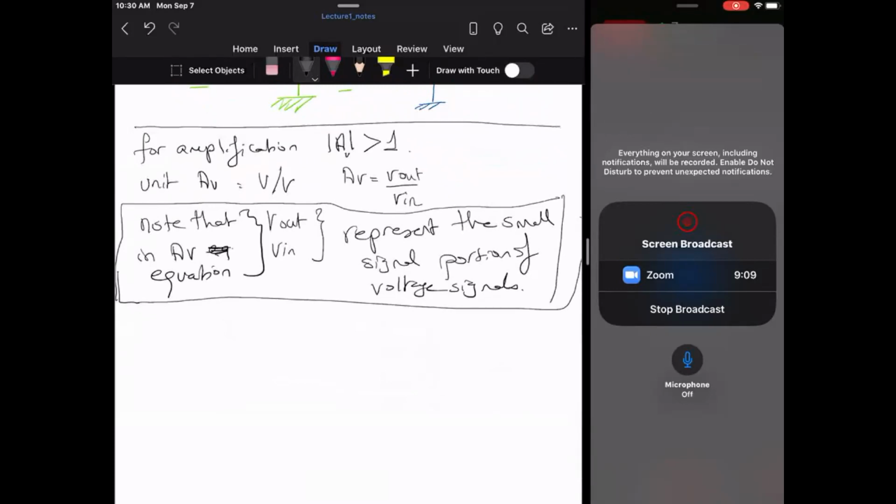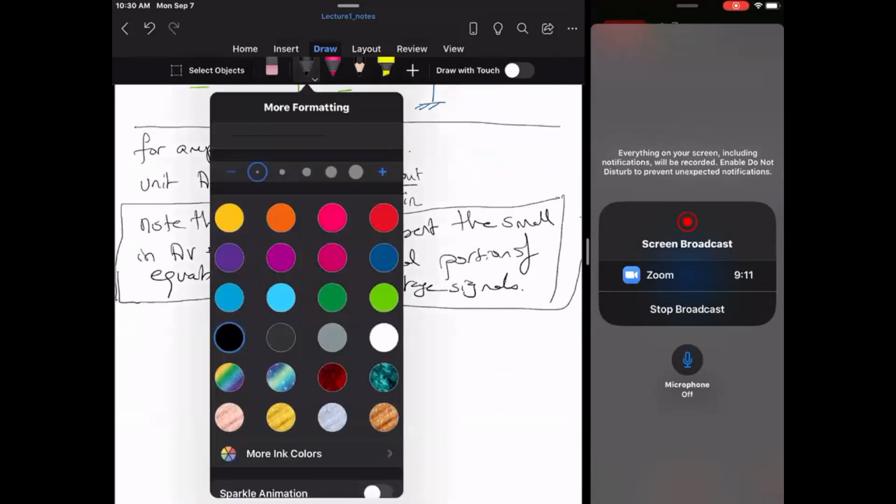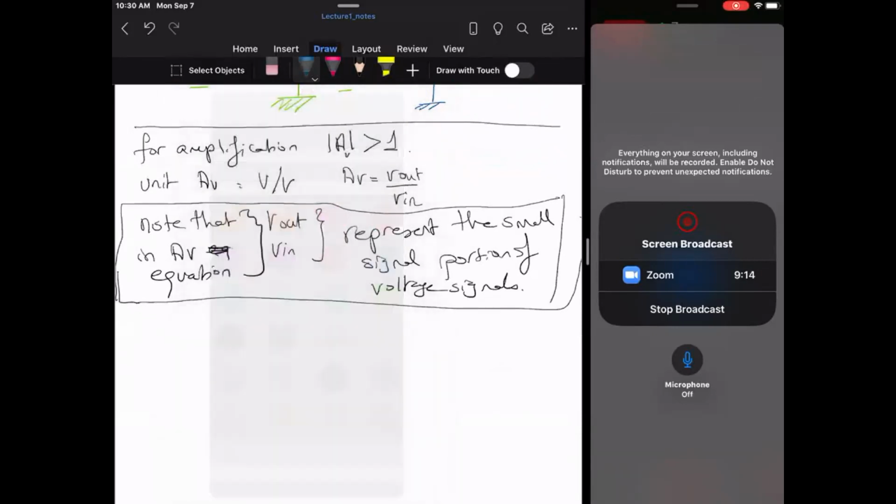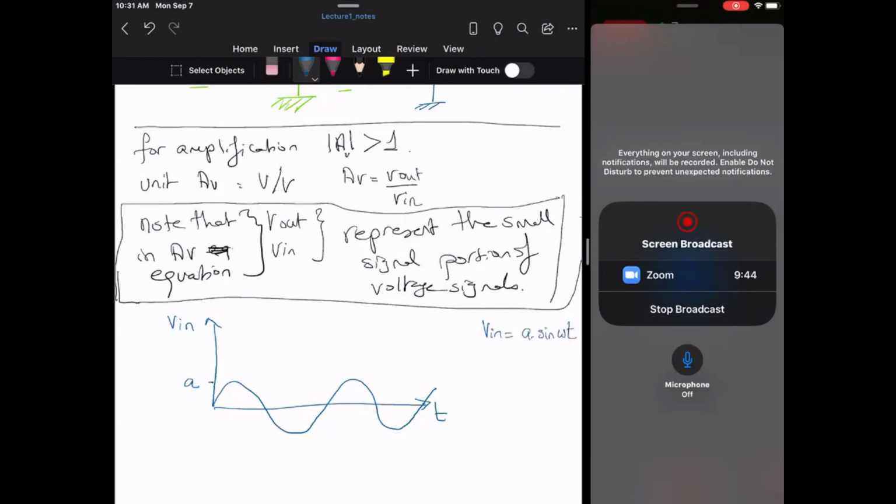Okay, so let us take an example now of a signal that we are drawing. Let us say that I have the input signal Vin as a function of time t, and that Vin as a function of time t is a small sinusoidal signal with amplitude equal to A, so Vin is equal to A sine omega t.